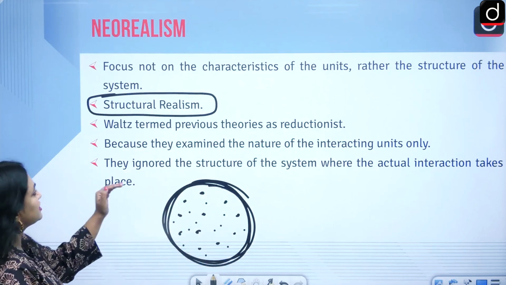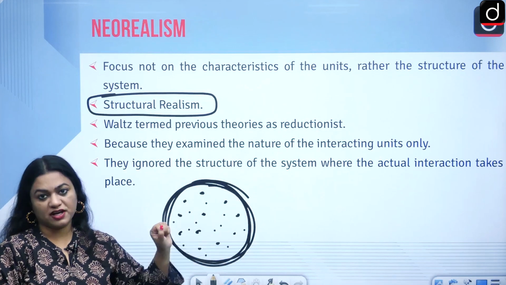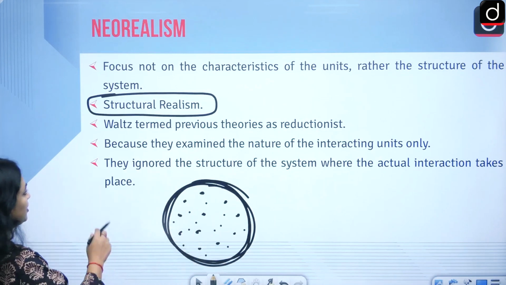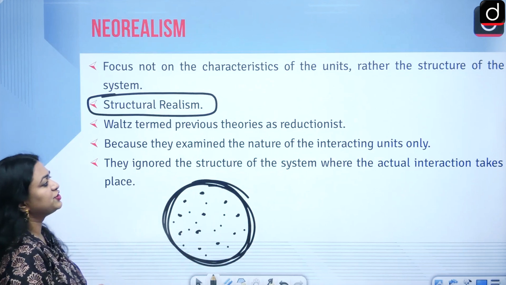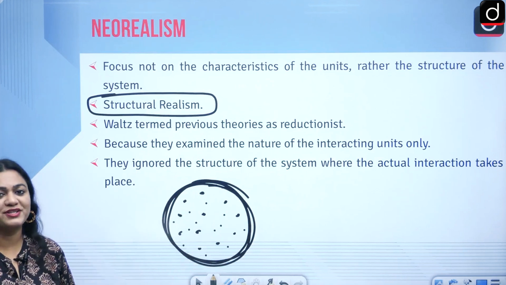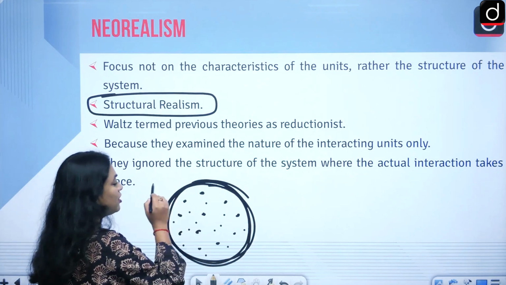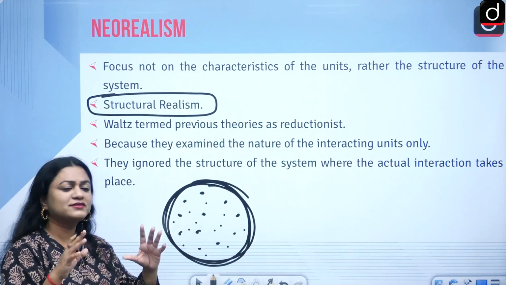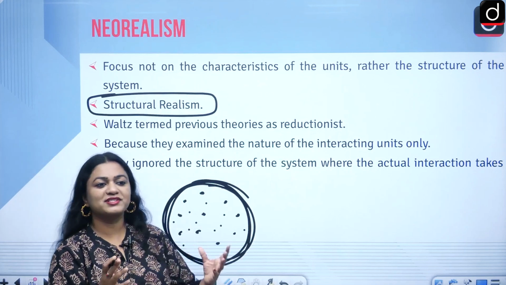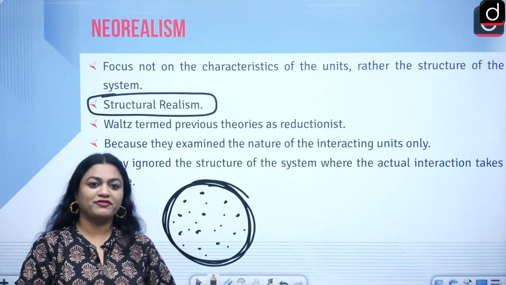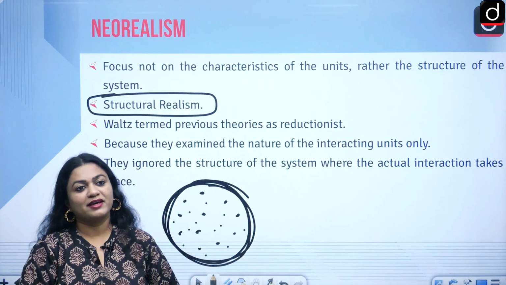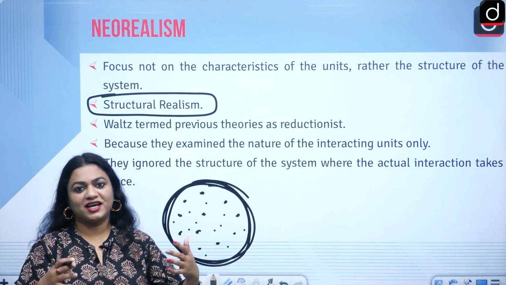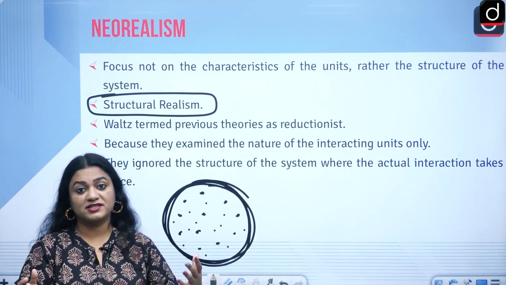Now, Kenneth Waltz termed previous theories as reductionist because they examine the nature of the interacting units only. Let's think about how Nauru is behaving, what sort of tensions they have, if they have any enmity, and what sort of security dilemmas these countries are having.